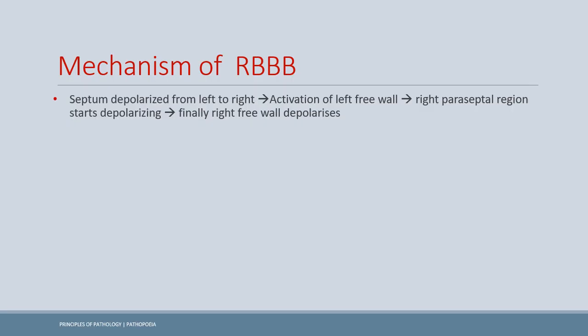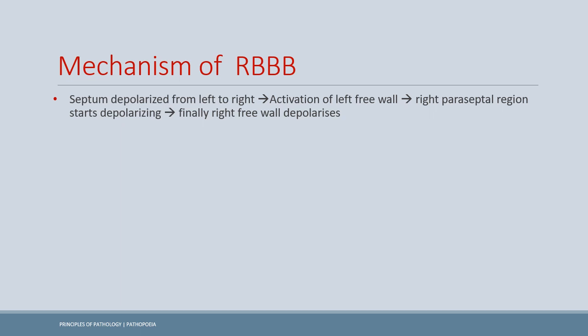So what I've explained so far, let's again see what has happened. There is the depolarization of the septum predominantly from left to right, and this would cause a negative deviation in case of V6 and positive deviation in case of V1. Then there is the activation of the left free wall, and that would cause a positive deviation in V6 and a negative deviation in V1.